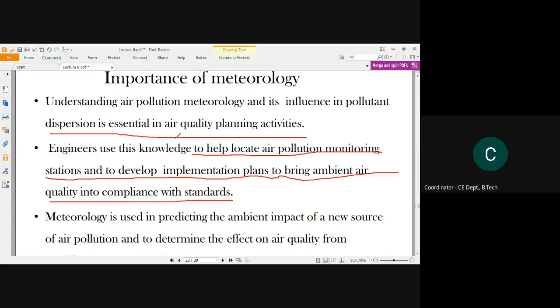So the purpose of understanding this topic is that engineers use this knowledge to locate the monitoring stations and to develop implementation plans: if the amount of air pollution is quite high, what precautions or steps are required to be taken in future. Those kinds of plans and implementation can be done from this study.